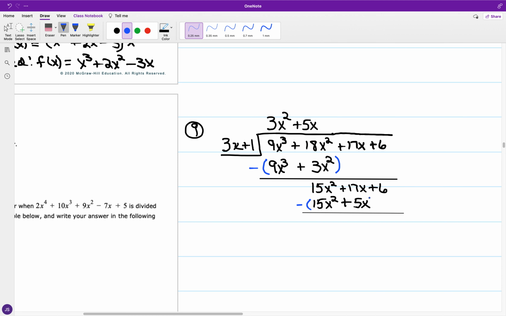Again, subtracting, 15x squared minus itself goes out, and we've got 17x minus 5x, so this will be 12x.